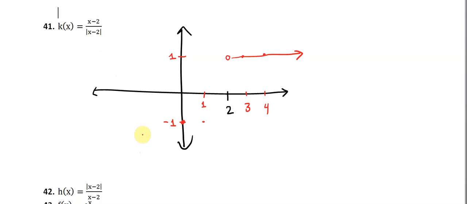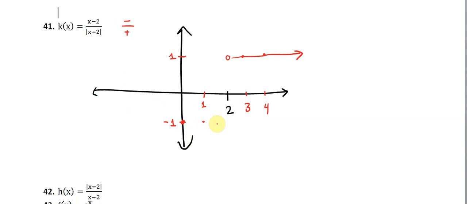And you can kind of see that, again, if you put in any number less than 2, the numerator will be negative. The denominator, because it has the absolute value symbol, will always be positive, so your end result is going to be a negative answer. You're going to have a negative divided by a positive if you have any inputs less than 2. And they're the exact same numbers, just with different signs.